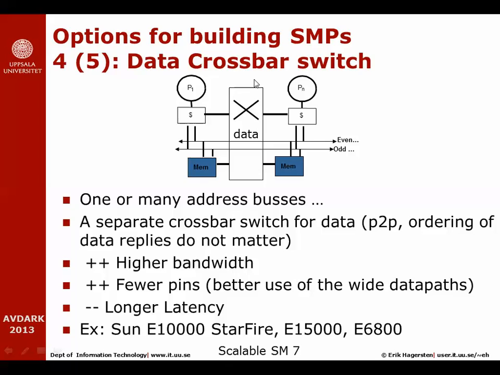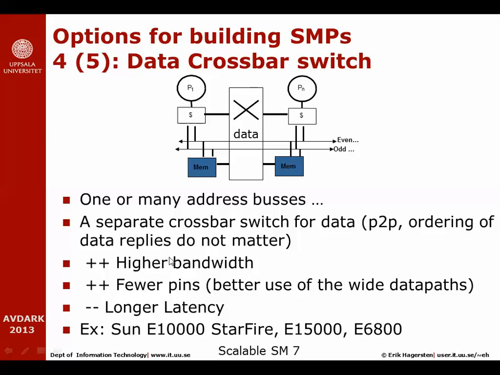Instead, you can use any kind of network, and you can imagine that, even though we're not going to cover different network topologies in this course, there are so many more efficient ways of implementing a network that just sends data packets from one sender to one receiver than it is to implement a broadcast bus.